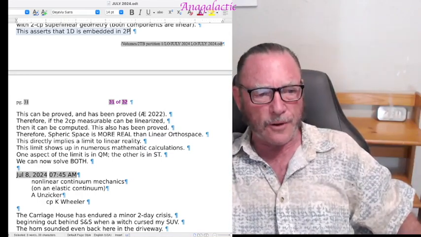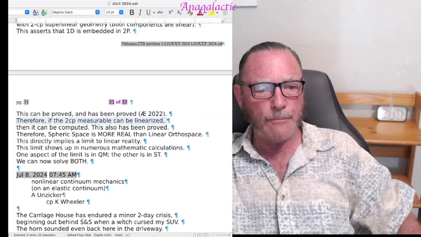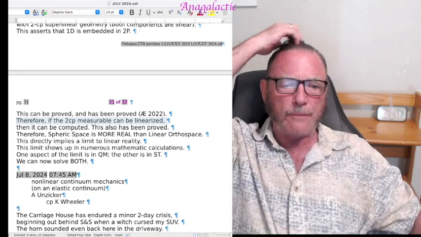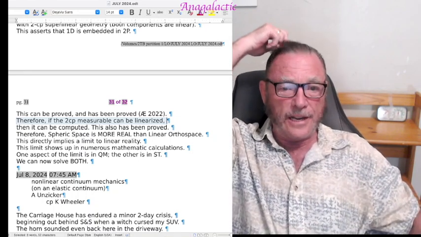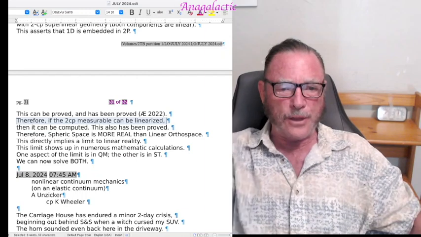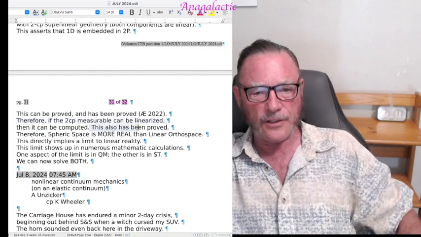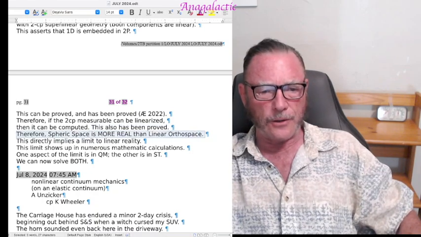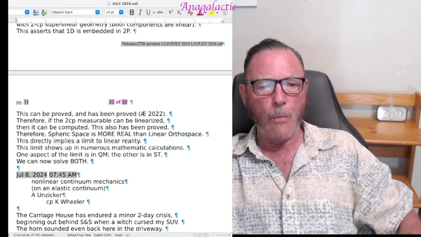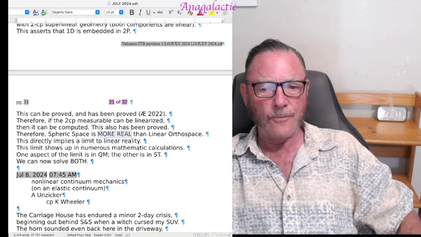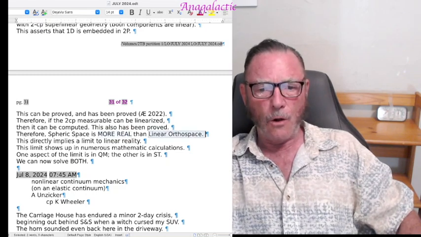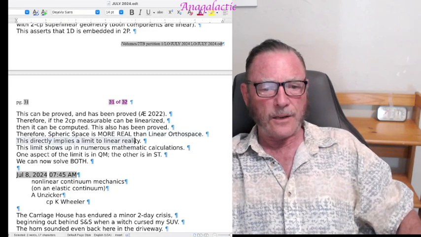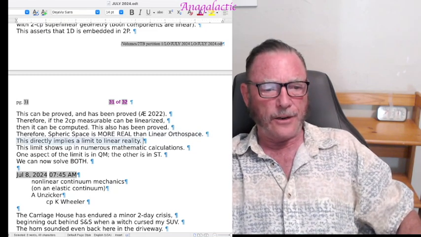That's been proved by me. Therefore, if the two-component measurable can be linearized, then it can be computed. This has been proved. Therefore, spherical space is more real than linear orthospace. Learn that term. This directly implies a limit to linear reality.